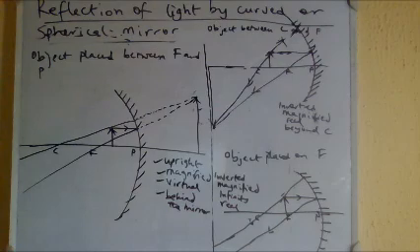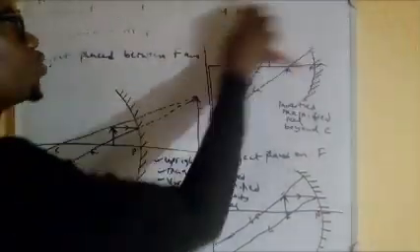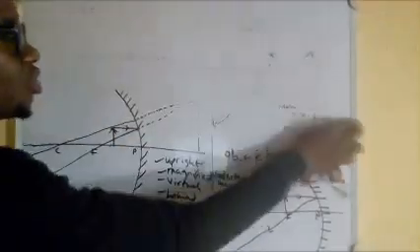But for the convex mirror, there's only one scenario. We have gotten all the scenarios for concave. Only one scenario for the convex mirror. So I'm going to put it on the board for us to see.